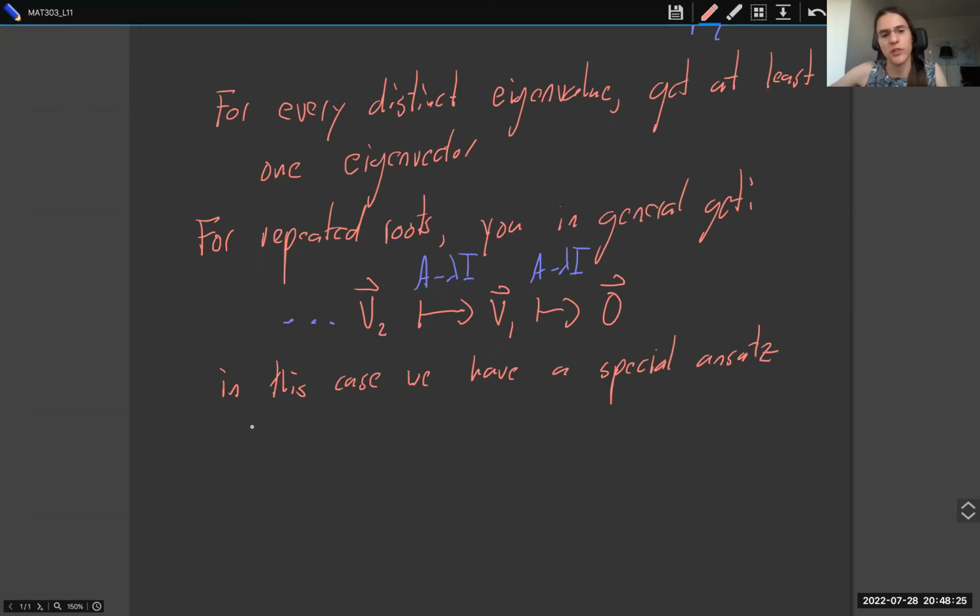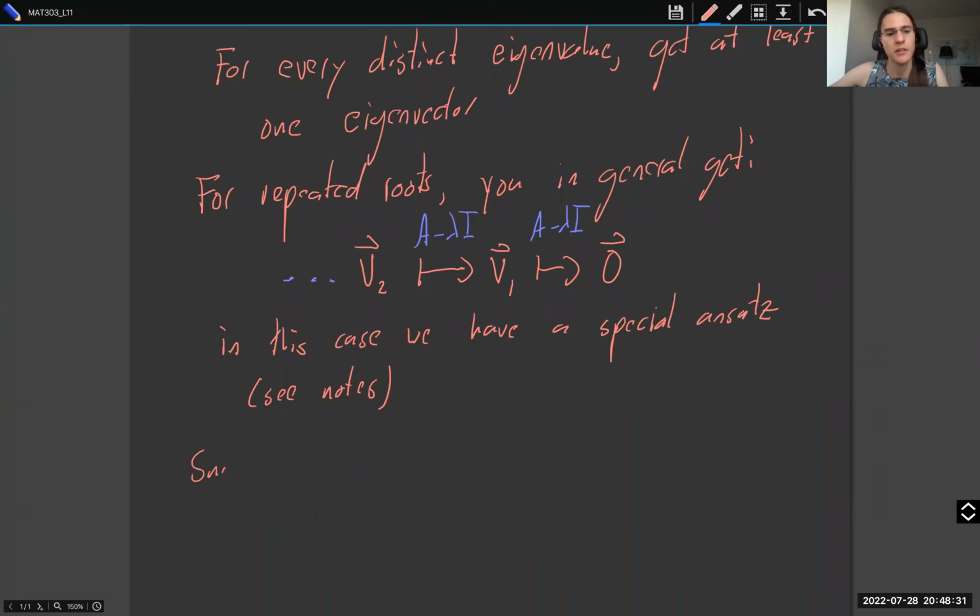See notes. But in general, in summary, you can always find n linearly independent solutions.